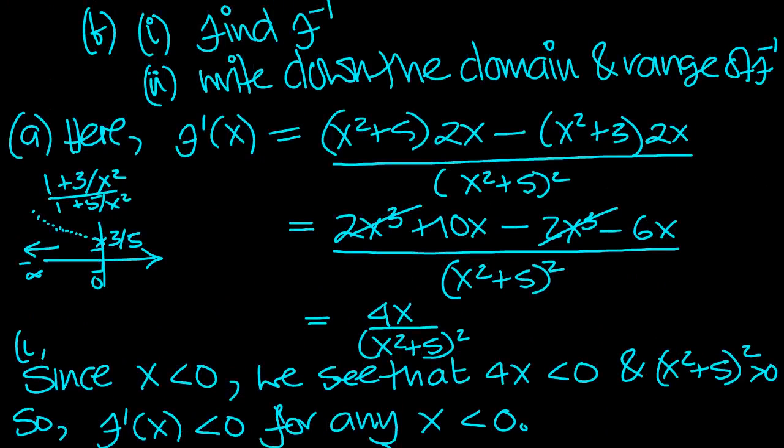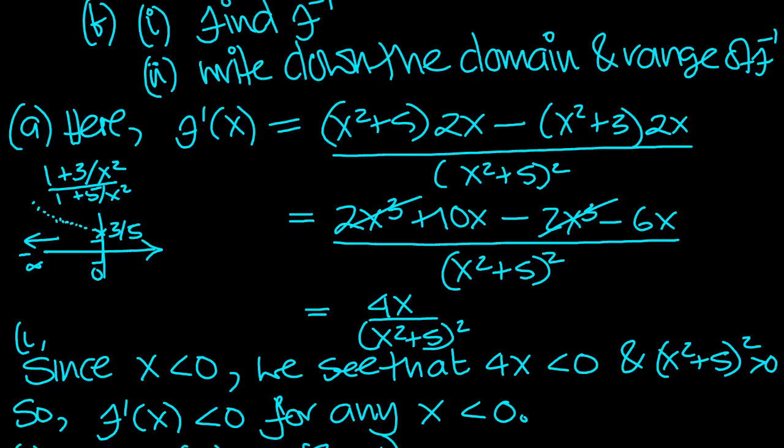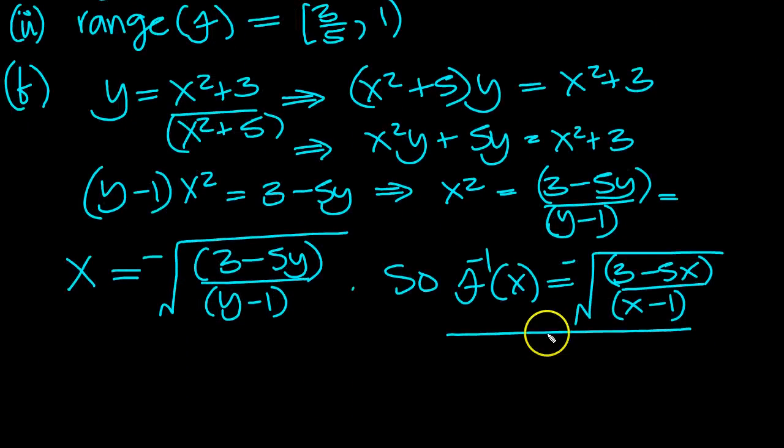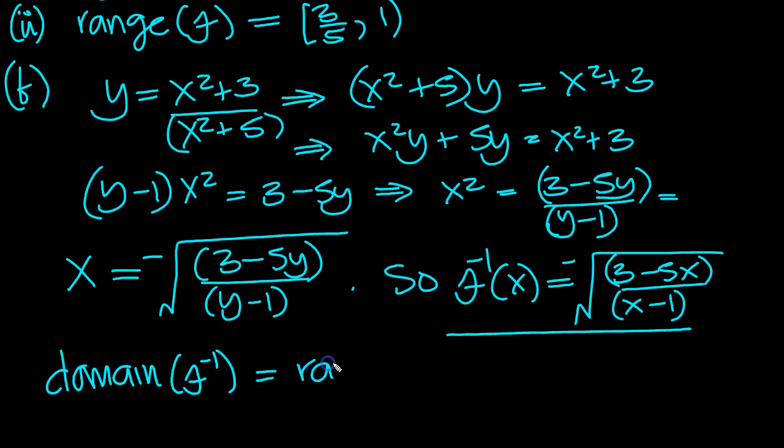So let's just go back up. Write down the domain and range of f minus 1. Well, the domain of f minus 1 is equal to the range of f, which is equal to 3/5 up to 1, but not including 1.